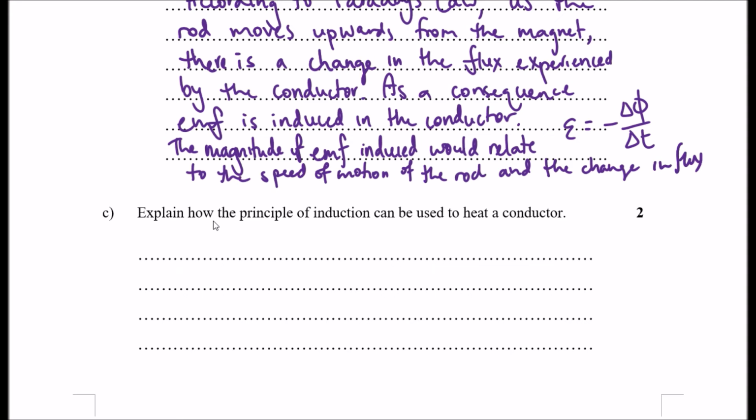Okay, so if you recall what we talked about in module 4, as the charged particles, say in the case of electrons, are moving through a conductor, they're colliding with the ionic structure of the conductor, and during that collision, that transfer of energy is released as heat. So that's how we're going to explain it.